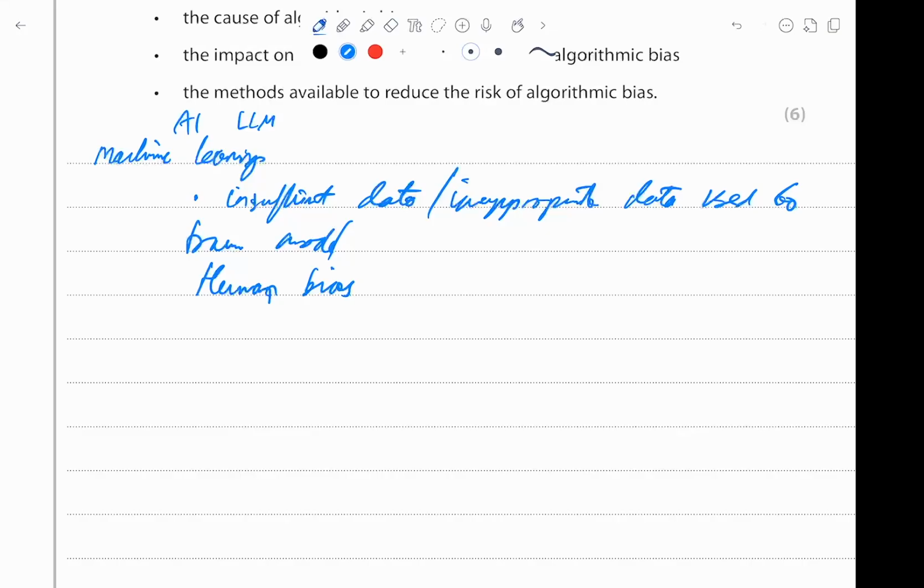You could have officers deployed to the wrong areas. So we could have, in communities with algorithmic bias, deployment to wrong areas.